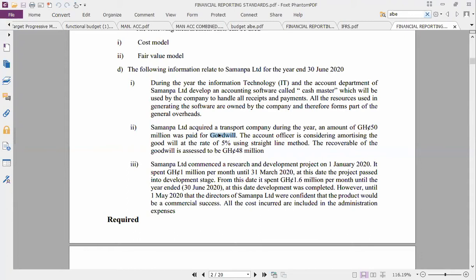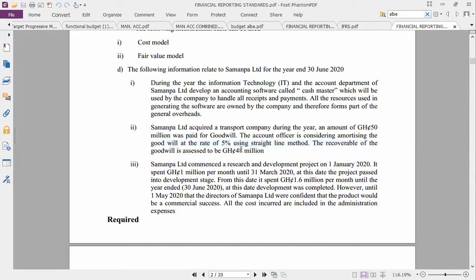We don't amortize them. However, we test for impairment annually. So here the account officer is considering amortizing the goodwill. Because goodwill is an intangible asset, it should not be amortized. But instead, it must be tested for impairment annually. So let's test for impairment. The recoverable amount of the goodwill was assessed to be 48 million.